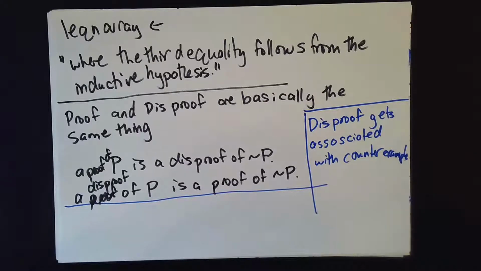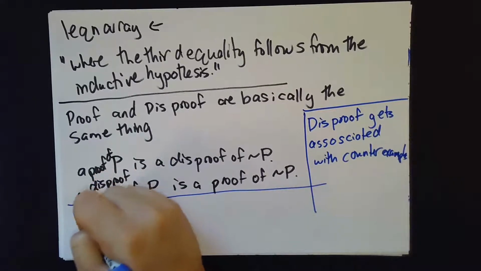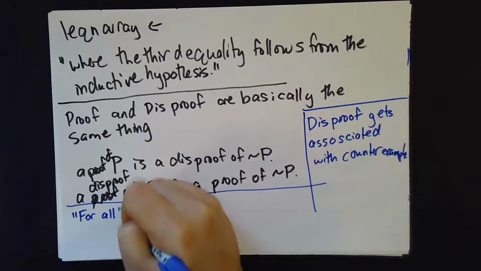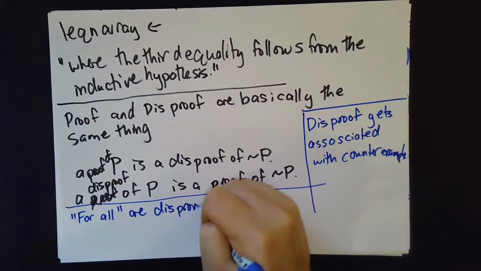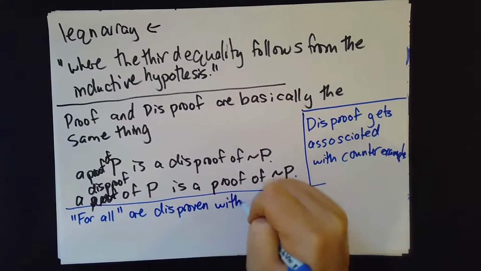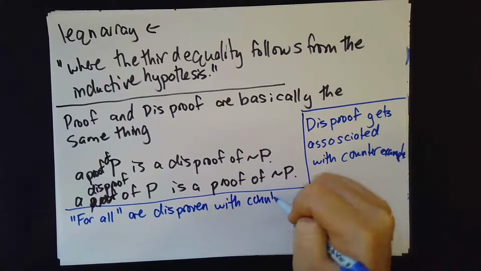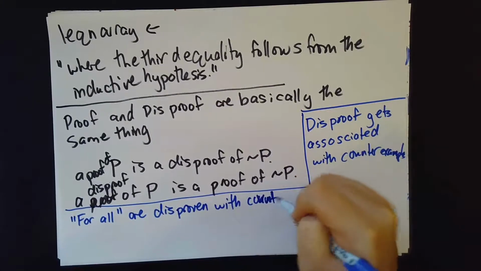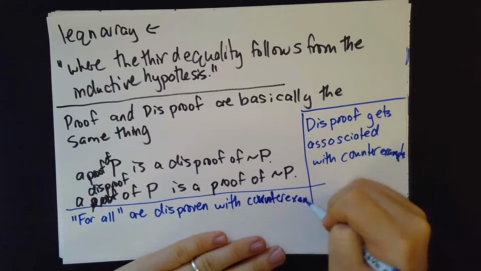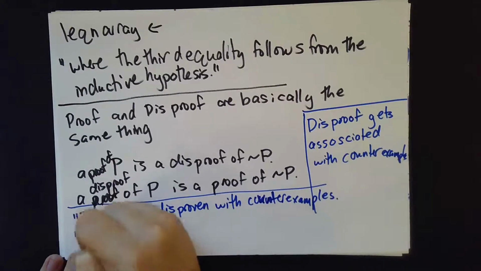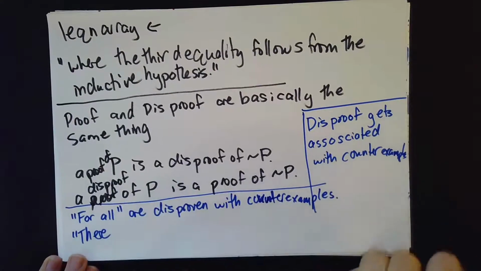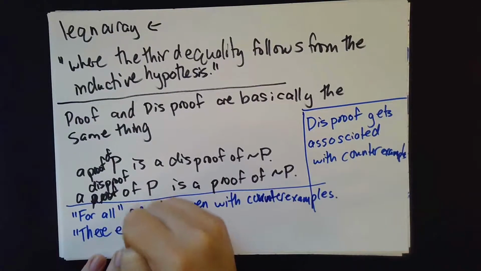For all, right. For all statements get disproven with counterexamples. On the other hand, a there exists statement is typically proven with an example.